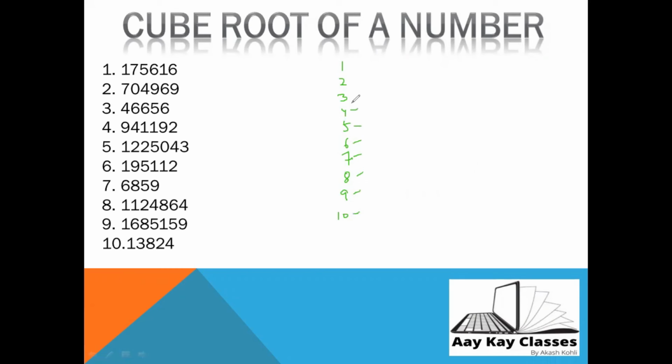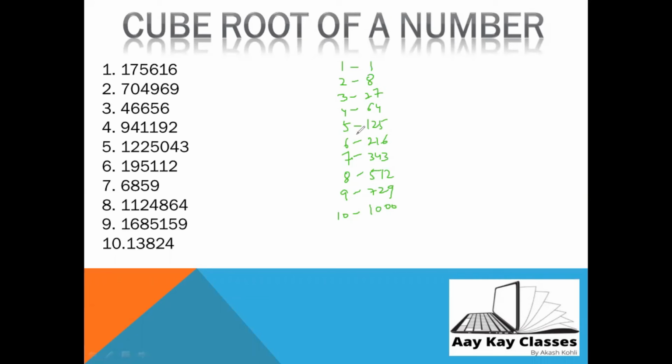You should learn these by heart because these are very important. This is 1, 2, 8, 27, 64, 125, 216, 343, 512, 729, and 1000. These are the cubes of numbers till 10.